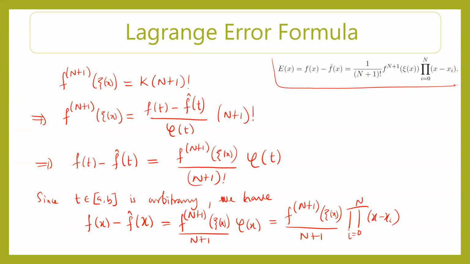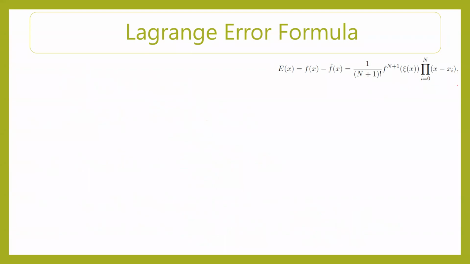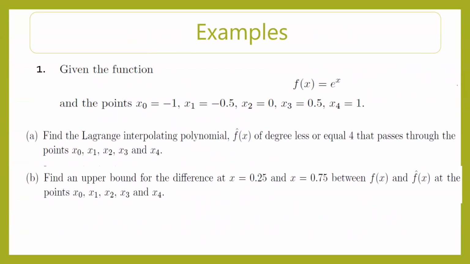So then let's go into solving some examples. Okay, the first example here: given this function, we know this function very well, exponential x, and we have these points minus 1, minus 0.5, 0, 0.5, and 1. The first question is to find the Lagrange interpolating polynomial f hat of degree less than or equal to 4 that passes through these points.